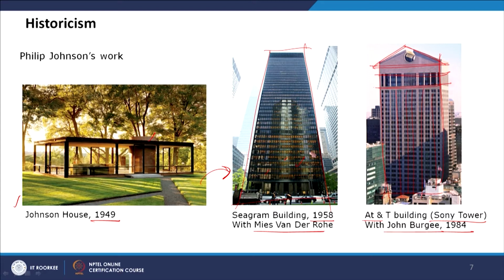So this is absolutely a postmodern building, and falls under historicism. So there is a transition in his work: his work is there in the modernist movement, and his work is also there in the postmodernist movement.